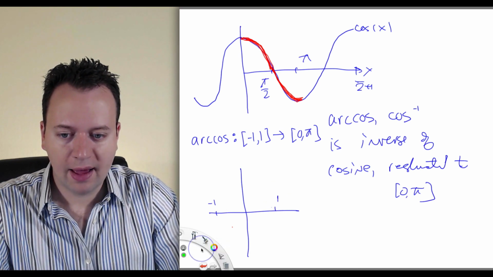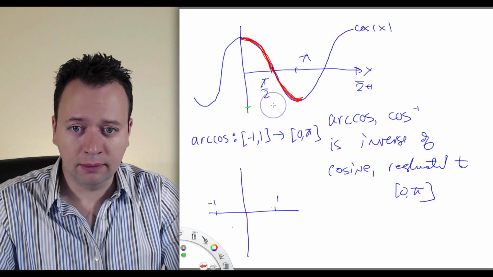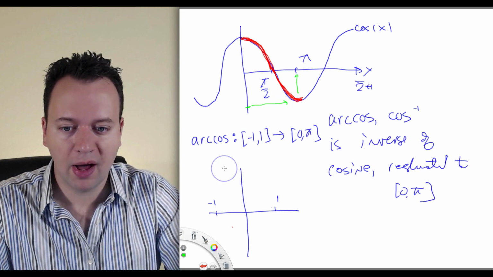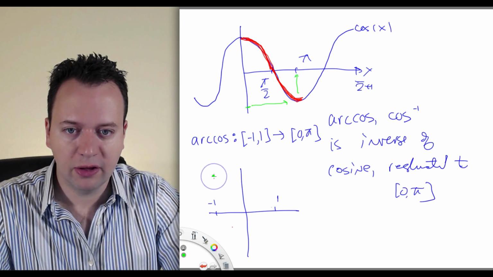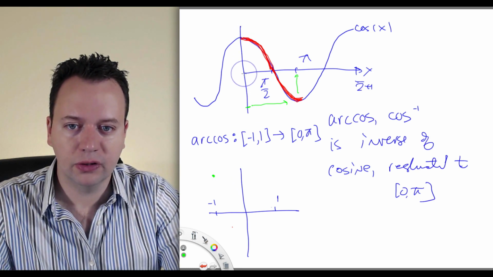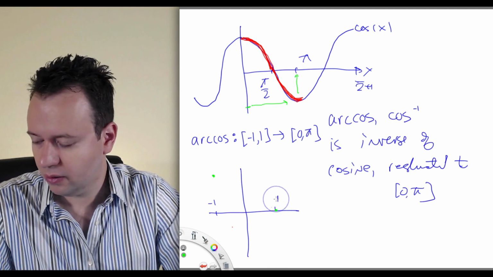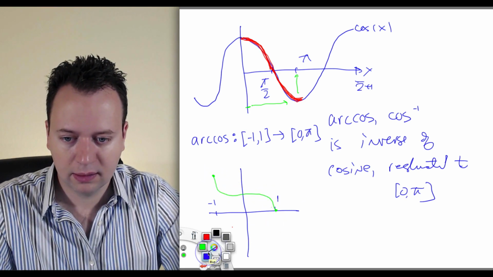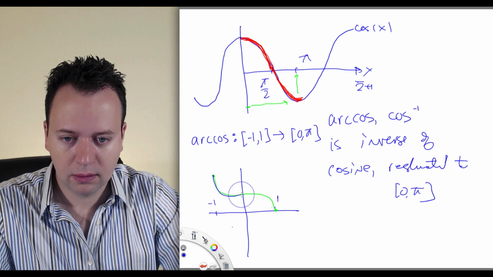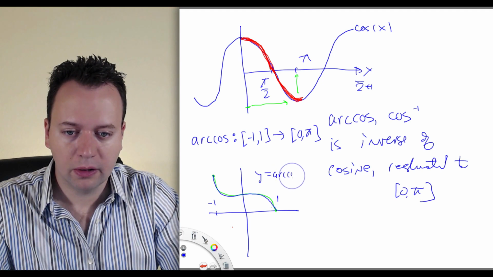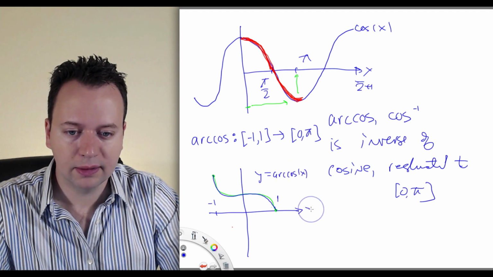So for example, arc cosine of -1 is going to give you pi. And the arc cosine of +1 is just going to give you 0, so we have 0 down here. So arc cosine looks like this. This is what y equals arc cosine of x represents.